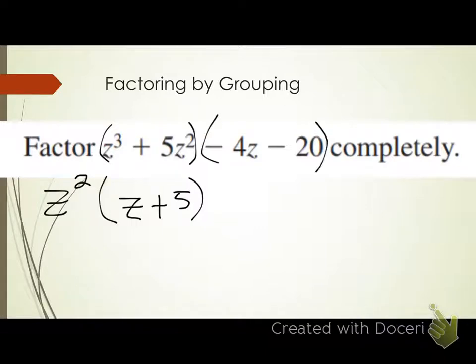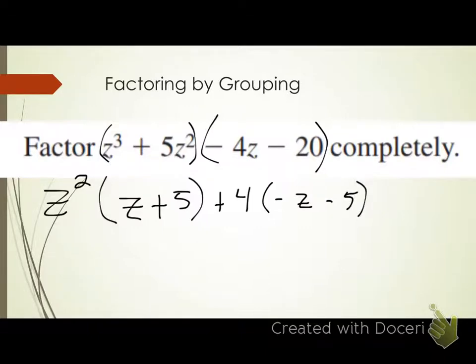Yes. What is it? 4? Just positive 4? Let's try positive 4. 4 times what would give me negative 4z? Negative z. 4 times what would give me negative 20? Negative 5. Do I have anything matching up?